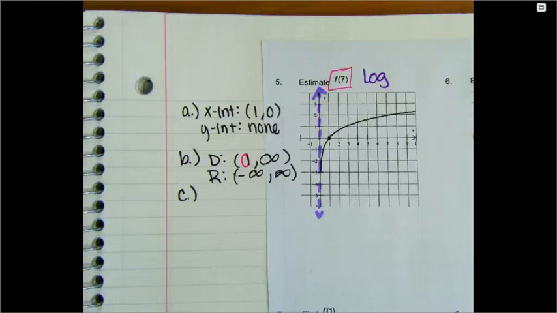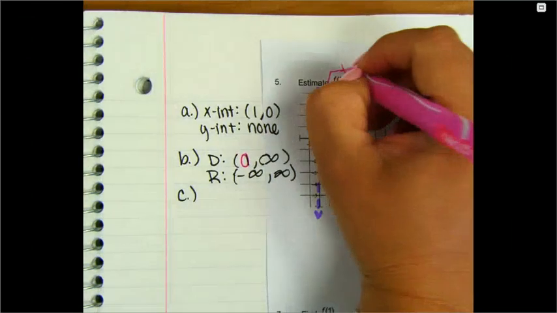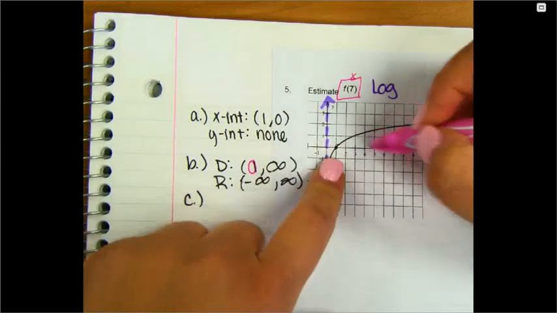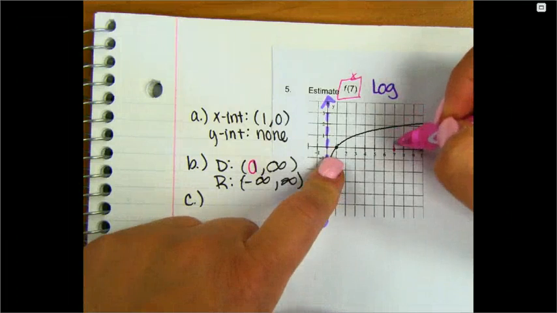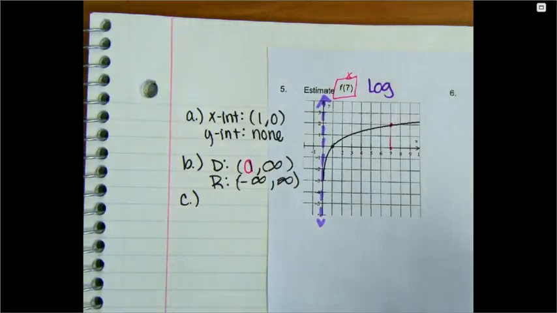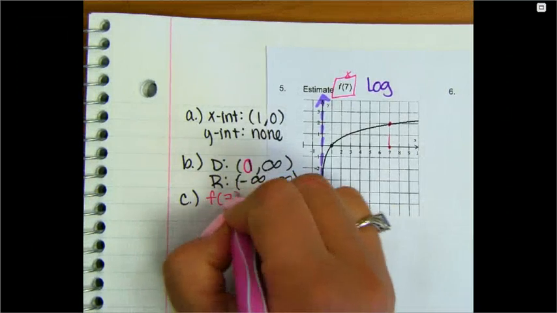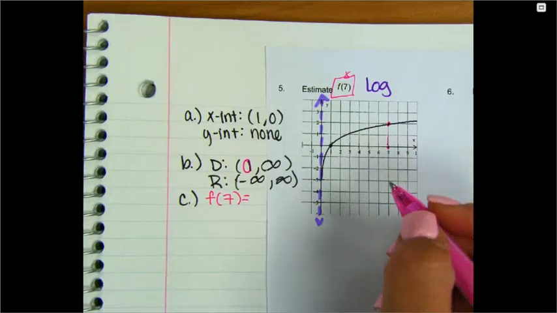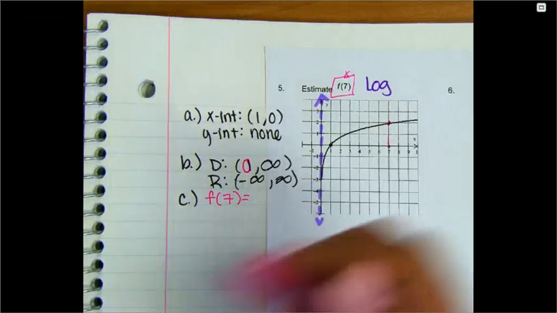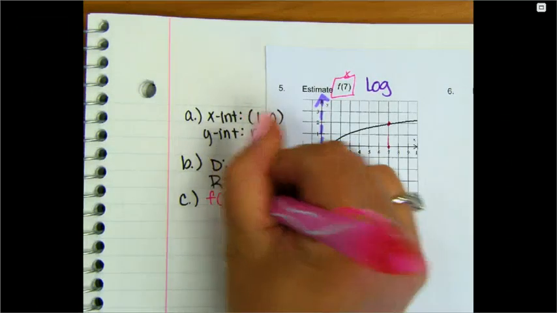What's your f of 7? What does it mean to be f of 7? What's 7? X, good. So we're going to go where x is 7, here, and we're going to go up. And we're going to go back here. Now you're estimating, or something really close. What do we get? 1.9.